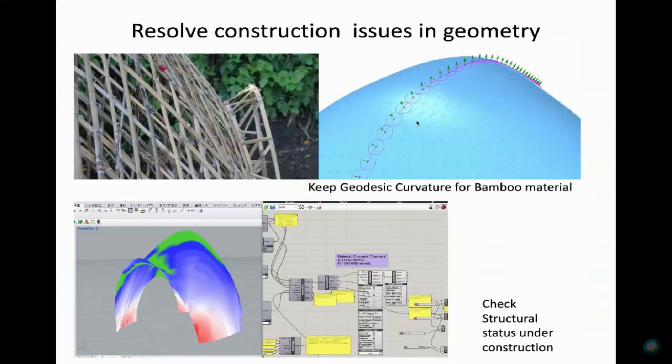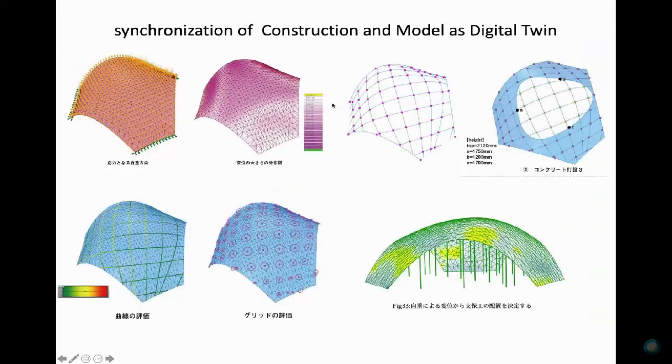Then of course, we need to resolve another issue, like how all of the bamboo has to follow geodesic curvature, because as a material, it cannot be bent in two ways. So it has to be in the geodesic curvature. Also checking the structural status under construction. Actually, it's checking during the construction.